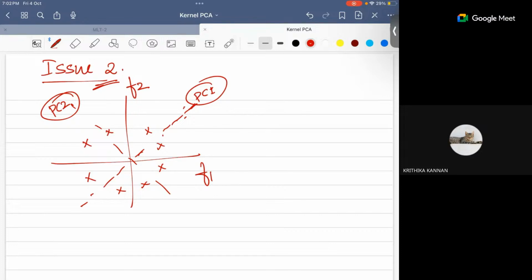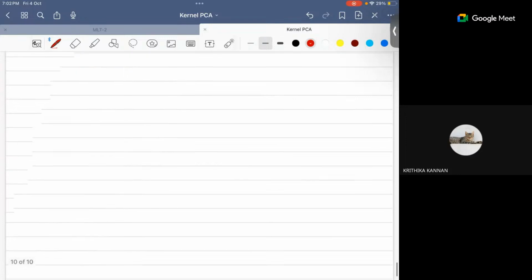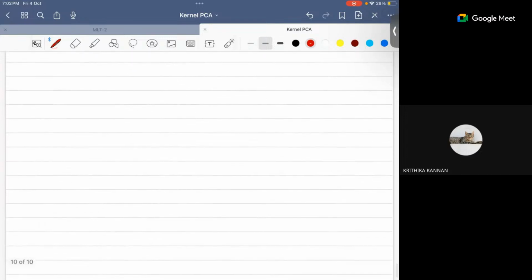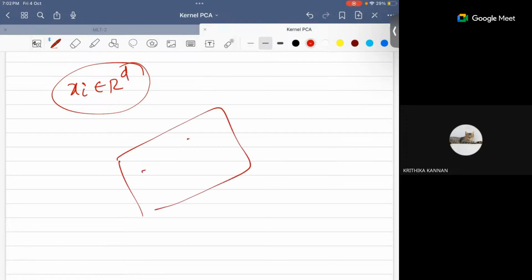Maybe the data set can be in n dimensions. For example, the data set belongs to R^D, in some bigger dimension D, but actually those points are lying on a flat plane, that is 2-dimensional, right? If the data set is lying on the flat plane itself, then it becomes very simple for principal component analysis to find this pattern.